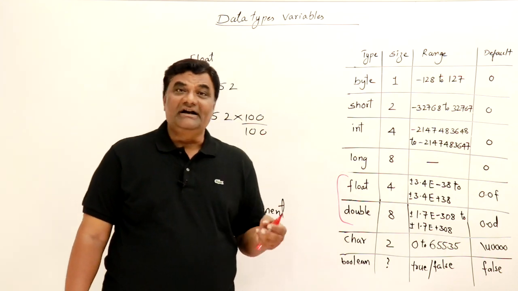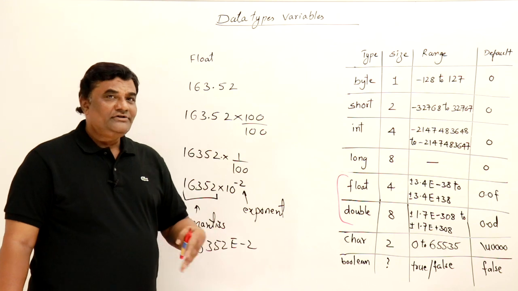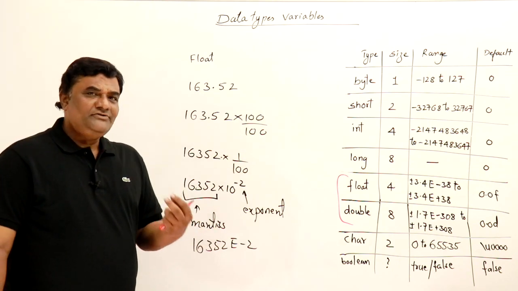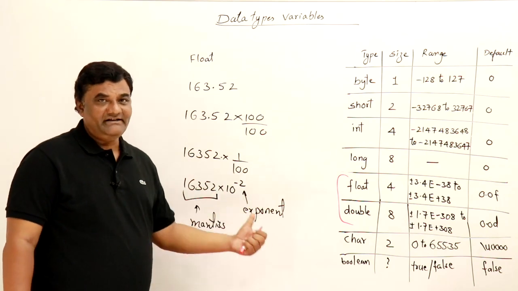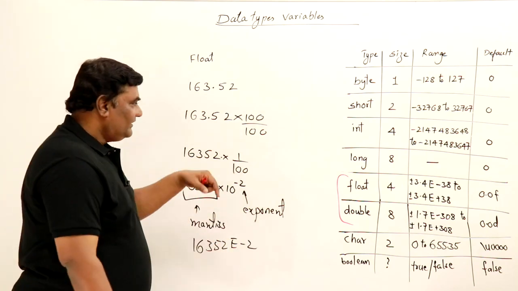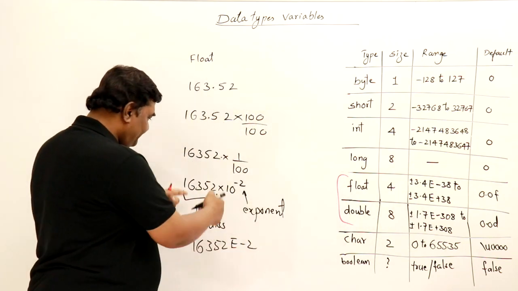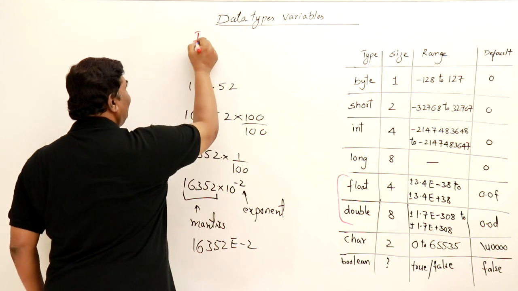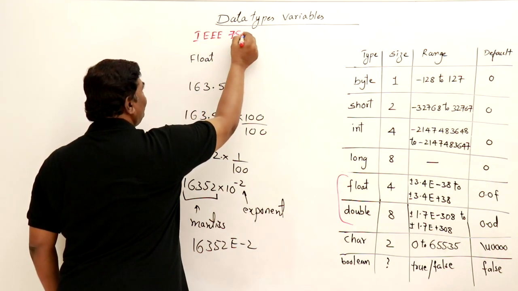Actually, it is stored in binary form. There is a procedure for conversion of this. If you want, you can study it and explore it, right? As a programmer, you should have a little idea about this. So it is represented in the form of mantissa and exponent. This is important. Now, float takes 4 bytes, and the method of representation is made a standard, the IEEE standard, and that standard number is 754.